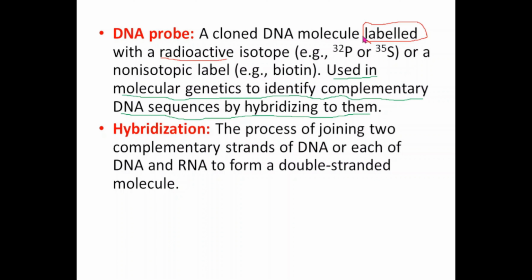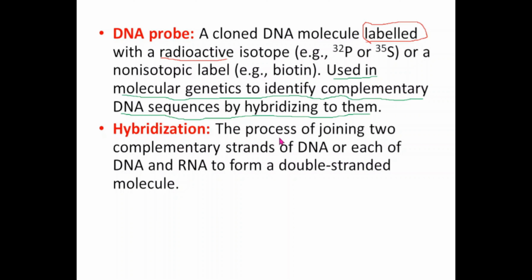So they are labeled, and they represent bases, and then when they make complementary pairing with the DNA bases, then we can easily identify the bases of the unknown DNA. Therefore, they are called DNA probe.